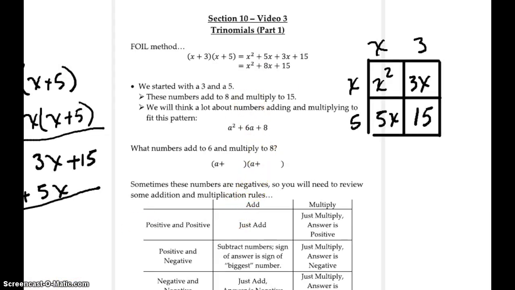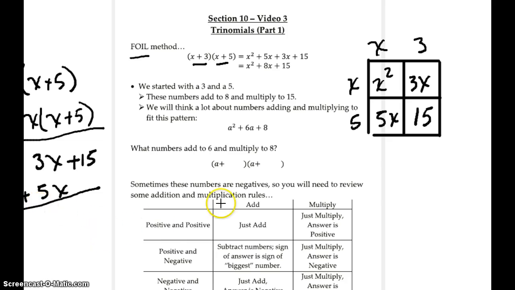So we talked earlier about how factoring is breaking apart, but let's take a look how we built this polynomial. We had x plus 3 times x plus 5, and there's lots of different methods. This example uses the FOIL method. Here's your box method over here, and here's the breakout method where we did 3 times x plus 5 and x times x plus 5, and we kept everything together.